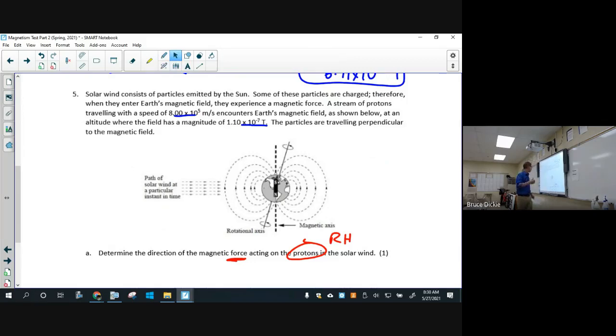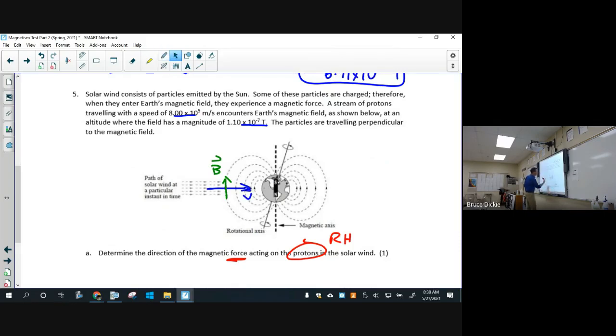So how do we do this? Thumb in the direction of the particle. As the solar wind enters the Earth's magnetic field from the left, my thumb is going to point the way that it's going, towards the right. But my magnetic field is pointing toward the top of the page. So particles moving towards the right, magnetic field at that point pointing toward the top of the page.